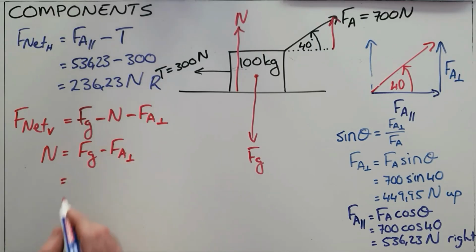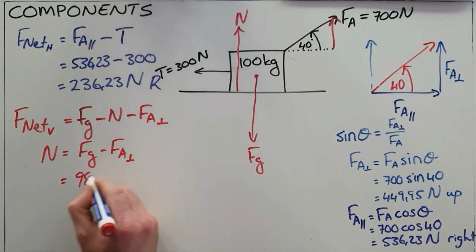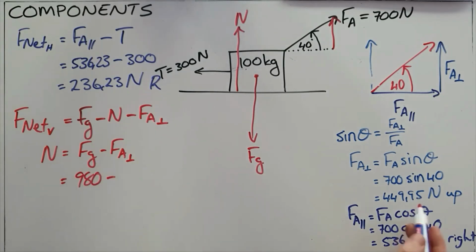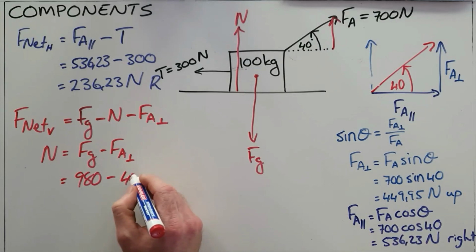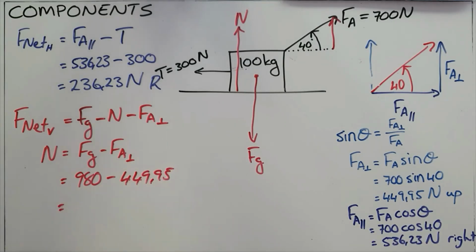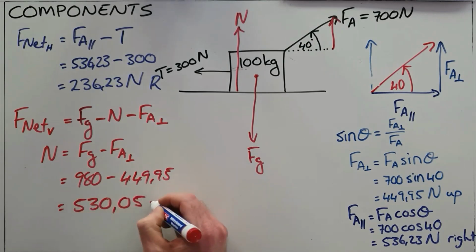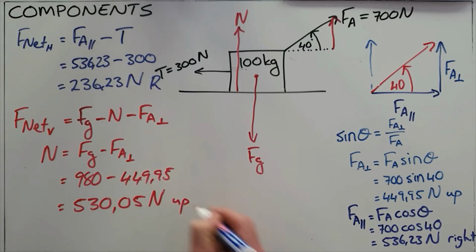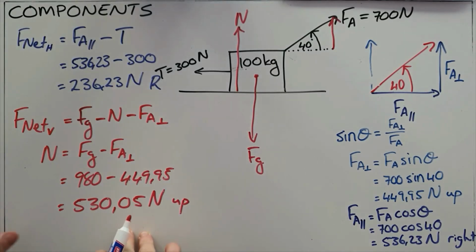In this case, the force of gravity, mass times gravity, is 980, minus the perpendicular applied force, 449.95, which then gives us a normal force of 530.05 newtons upwards. So once we have that, we can now use it to calculate our frictional force.